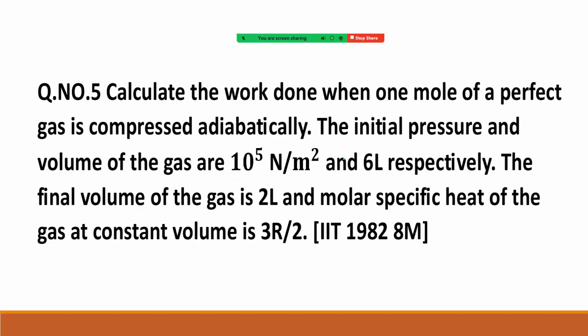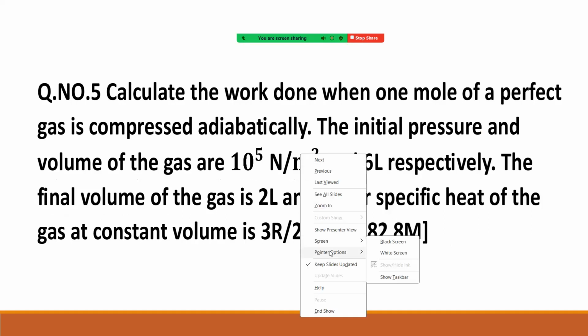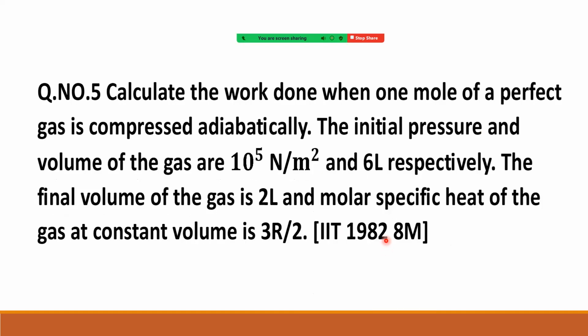See the next problem. Right, so the question given: calculate the work done when 1 mole of a perfect gas is compressed adiabatically. The initial pressure and volume of the gas are 10 power 5 Newton per meter square and 6 liter respectively.